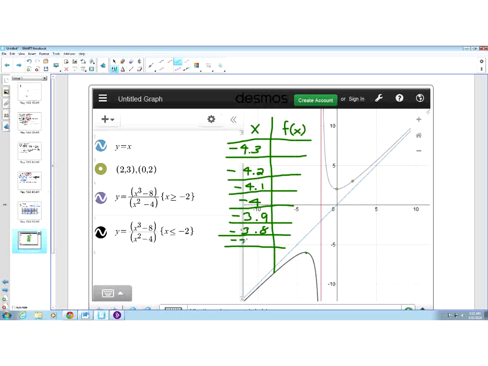So maybe somewhere in this range of x values, we can identify the local maximum. All right, so let's see.